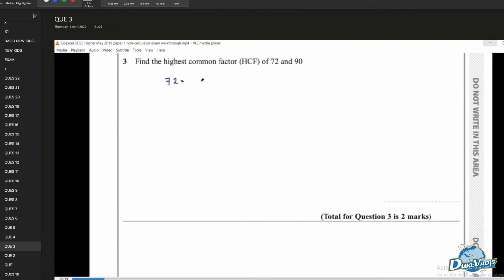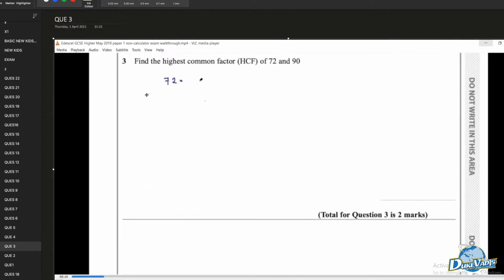Find the highest common factor, HCF, of 72 and 90.